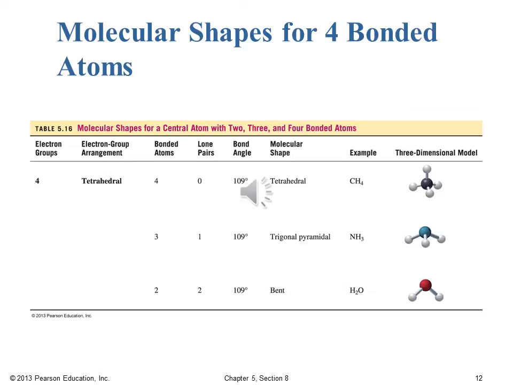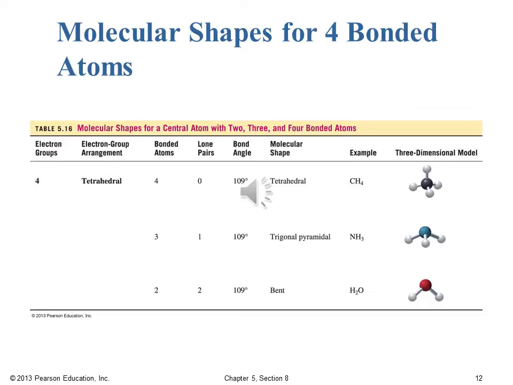As I said, whenever there's just 1 bonding group, it's always going to be a linear type molecule. But realize any of those would be examples of the electron group arrangement of a tetrahedron. But if they're all bonding atoms, like methane, CH4 here at the top of our table, we would also have the same molecular shape as the electron group arrangement. Once we start to introduce lone pairs, our molecular shape changes.